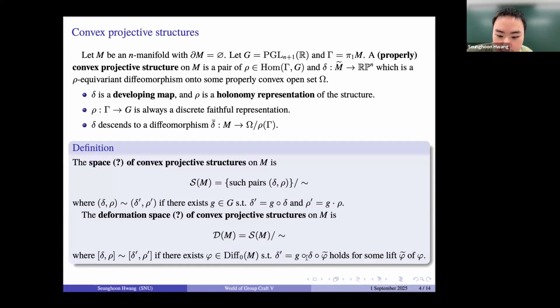There exists phi and there exists a small g in G such that this equation holds for some lift phi tilde of phi. So this is really a parallel description of something you expect from the definition of Teichmüller space.